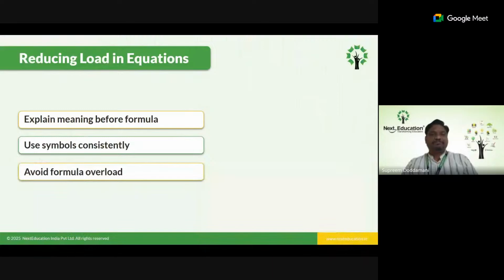Reducing the load in equations: explain meaning before formula and use symbols consistently. Avoid formula overload. Now, with an example, if I want to explain this, in grade 10 we have chemical reactions, chemical equations and reactions.